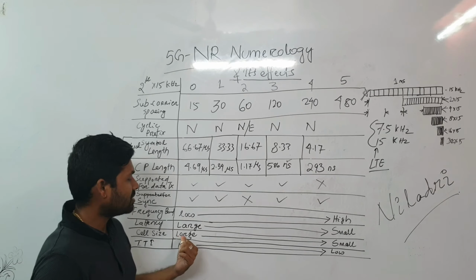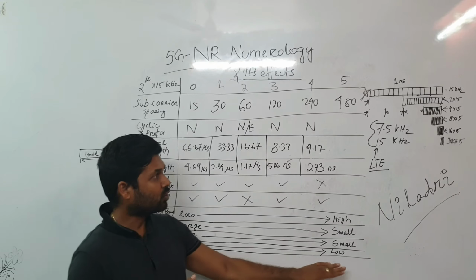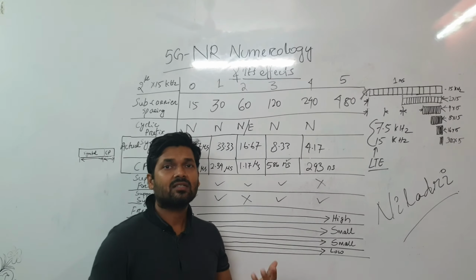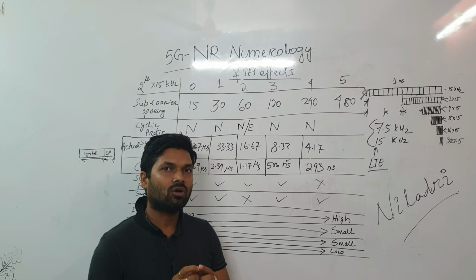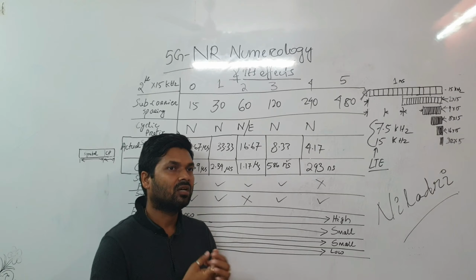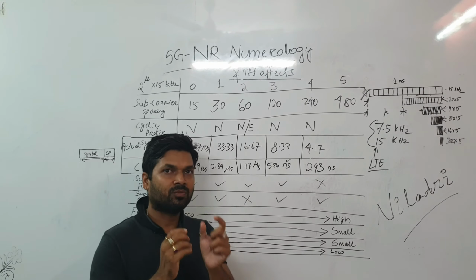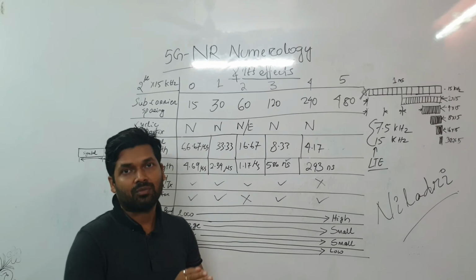Now the cell size is done, and then the transmission time interval, because for URLLC and other kinds of critical communication, we have a concept called mini slot. So we can transmit on an urgent basis. We can puncture some of the symbols and send some urgent information.